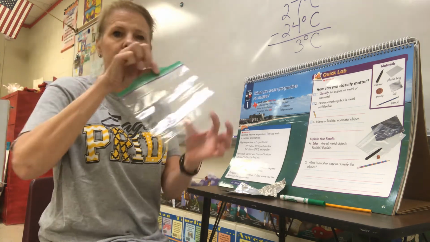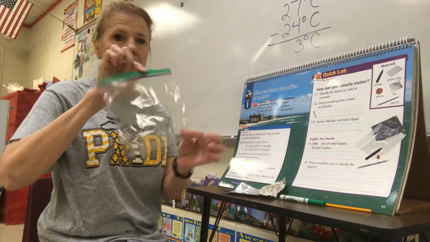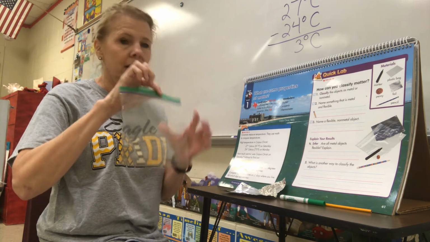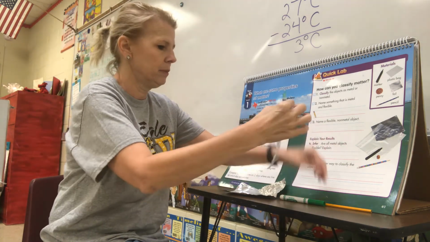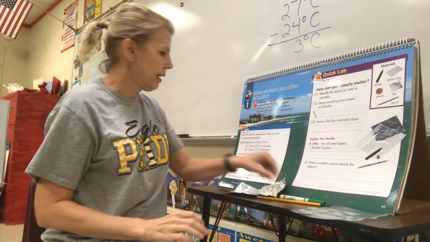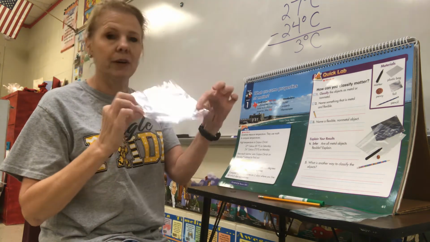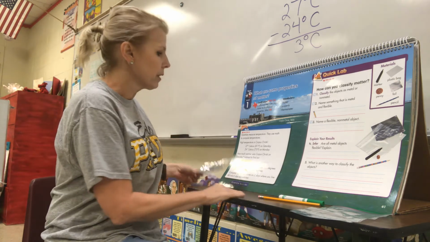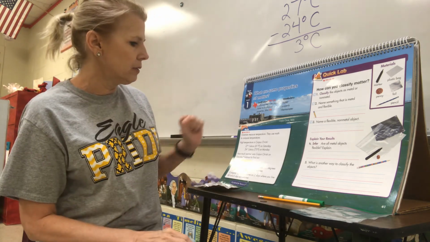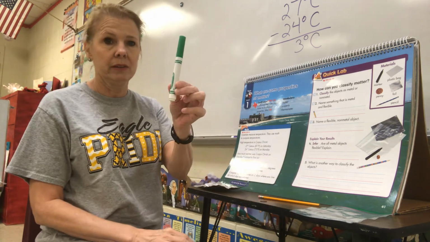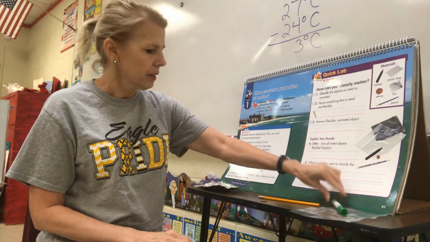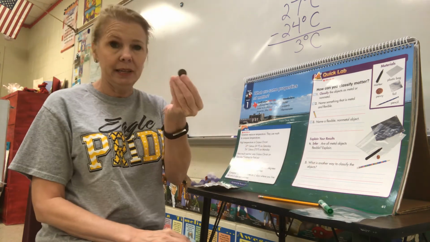So what do you think about this one? Metal or non-metal? Okay, let's put that in non-metal on this side. Okay, what about this? Aluminum foil. You're right, that's metal. All right, and we have a marker. Definitely non-metal.